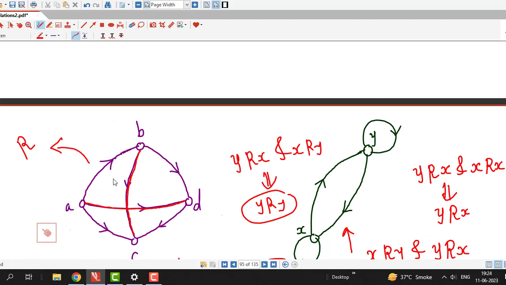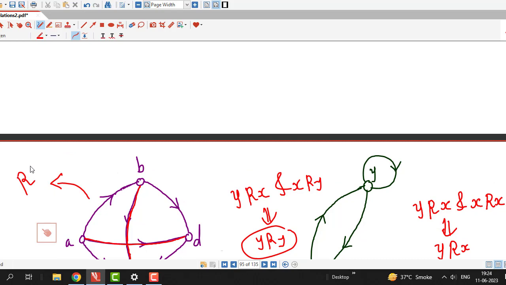In lecture number 24 we have discussed how to write down the relation R from its graph. So if you are not comfortable directly from the graph, then you can write down the relation corresponding to the given graph, and then decide the properties of that relation.